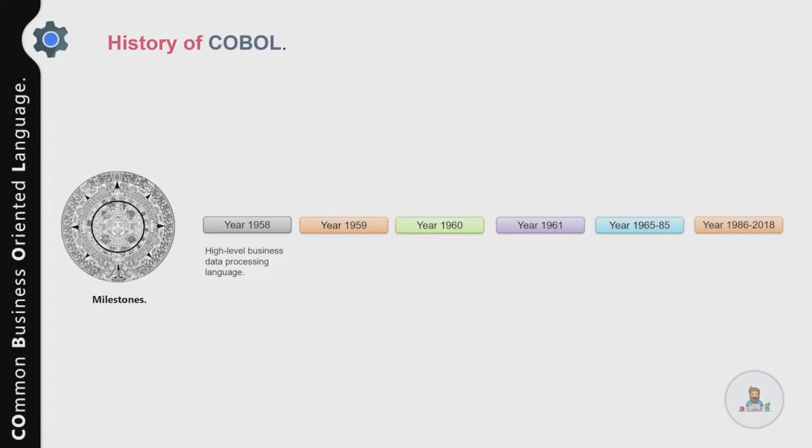As a result, a new language called COBOL, that is Common Business Oriented Language, was developed in September 1959. This was released with some minor modifications in April 1960. In May 1961, COBOL 61 was published with some minor revisions. It is this version which provides the foundation for later versions.